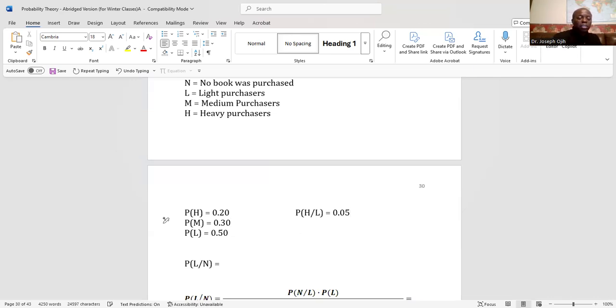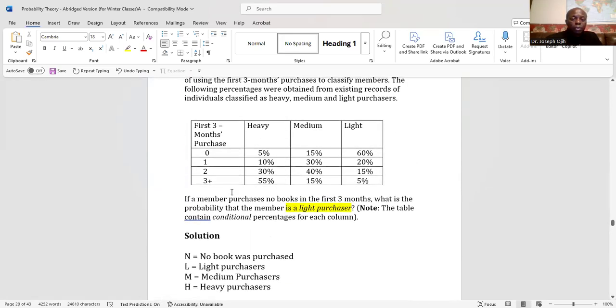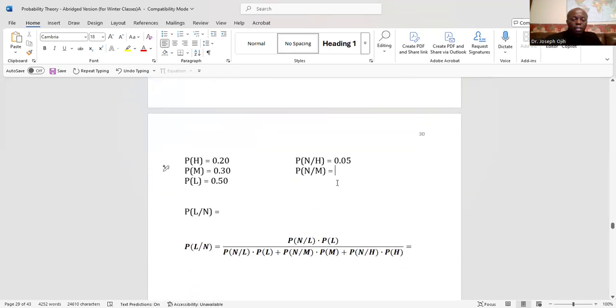No book given medium, according to the table, zero book given medium is 15%, which is 0.15.